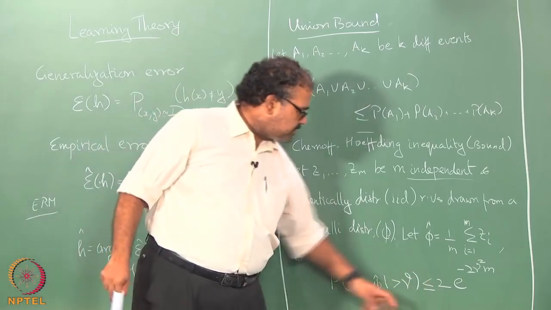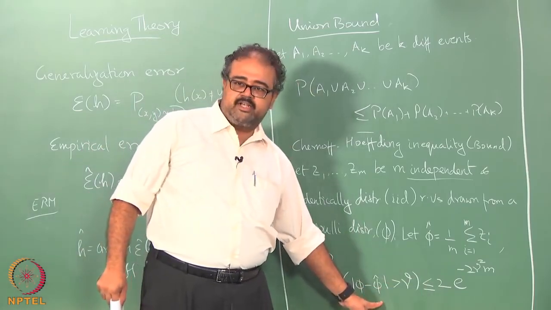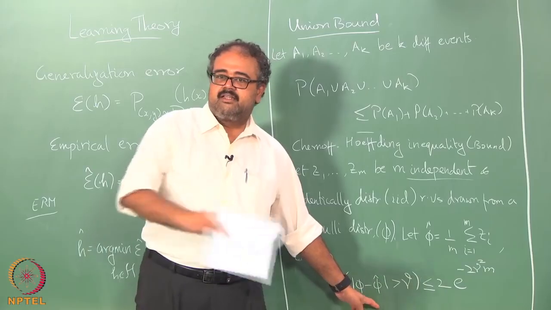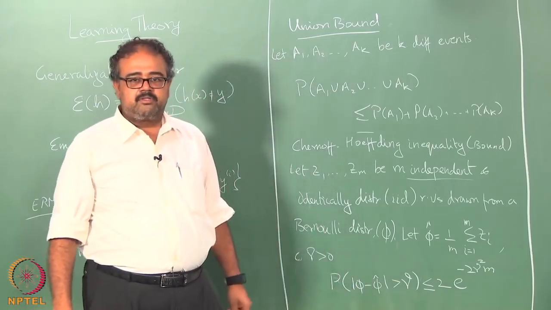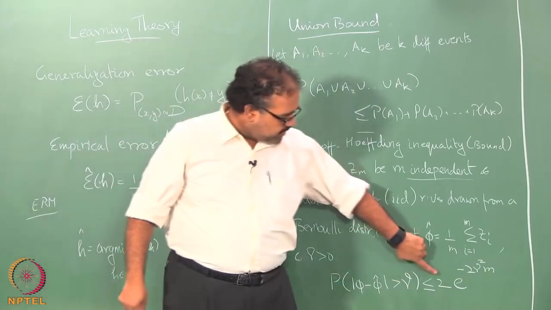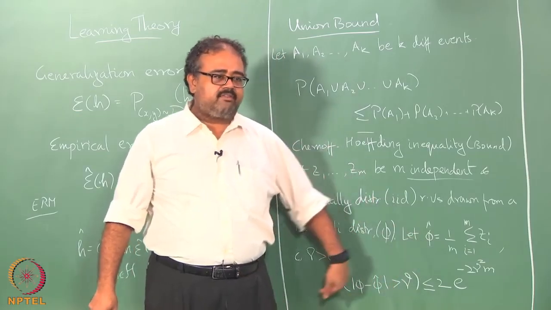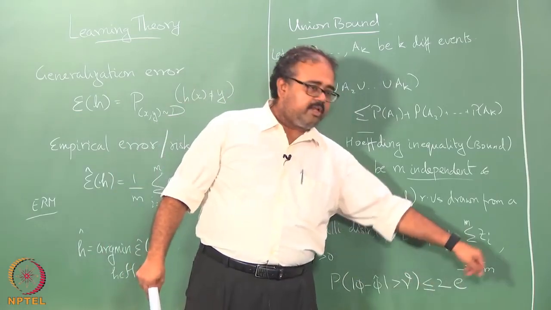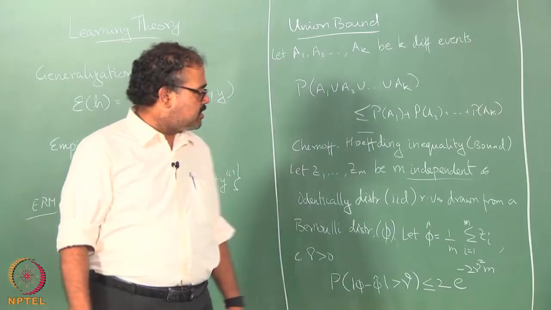The 2 comes because this is a 2-sided inequality: the deviation can be less than minus gamma or greater than gamma, both work. If you want to look only at one side, then you can drop the 2 and use only e power minus 2 gamma squared m.